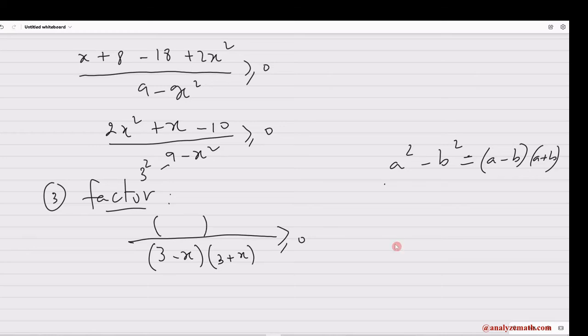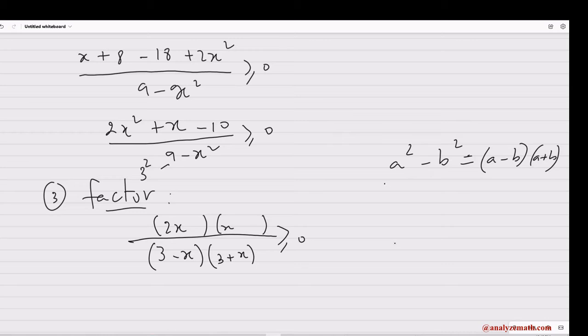Now the numerator, let's put 2x here and x here, and then we need two numbers. When we multiply them, they give minus 10, and when we add them, they give plus 1. Let's not forget the 2 here. So it looks like it's either plus 5, minus 2, or 2 and minus 5.